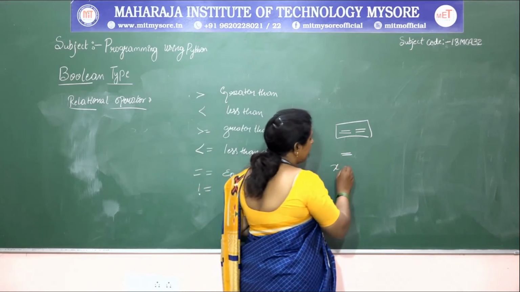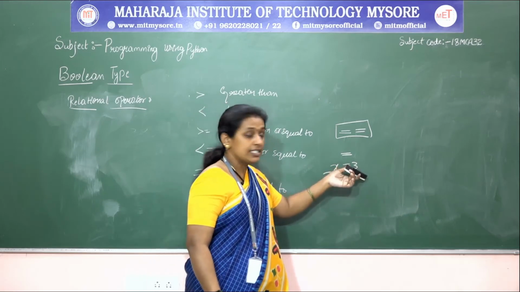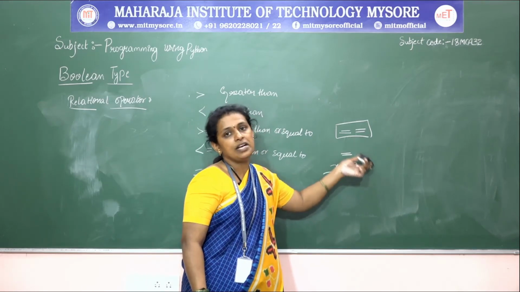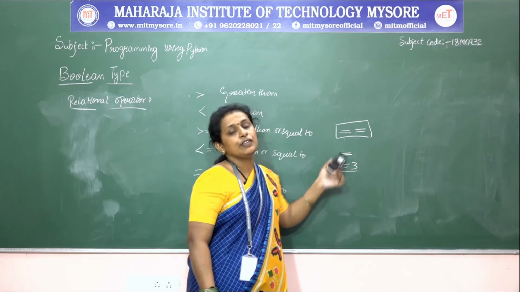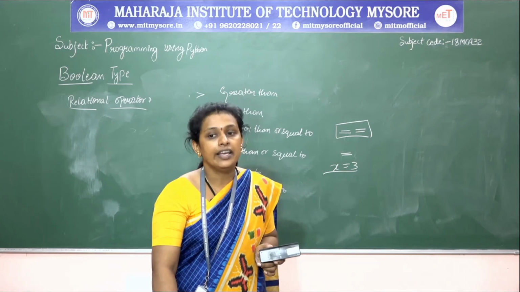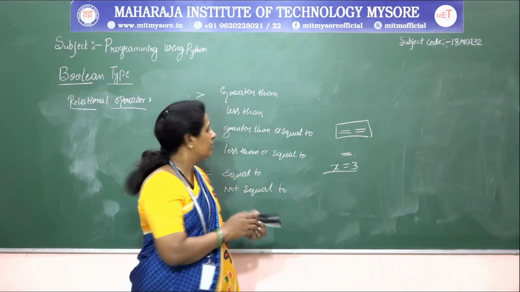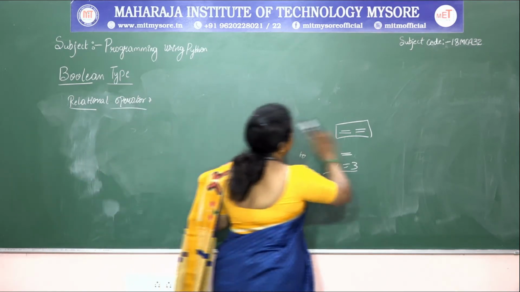So when we are comparing x with 3, Python assumes that the value 3 will be assigned to the variable x. Instead of comparing x with 3, it is going to assign a value to the variable x. Okay, so let's go with examples for relational operators.